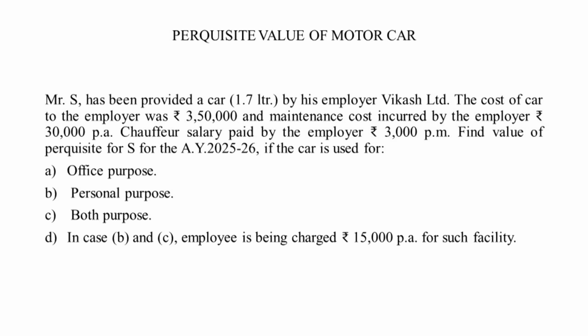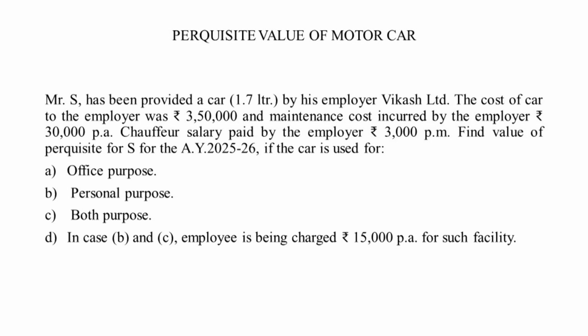Dear student, a facility means the car is given for personal purpose, but the first case is for office purpose. In the case of office purpose, the perquisite is not considered as a perquisite.